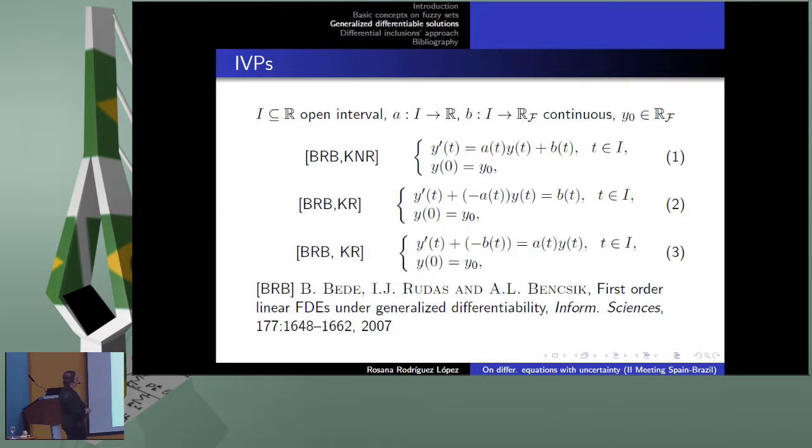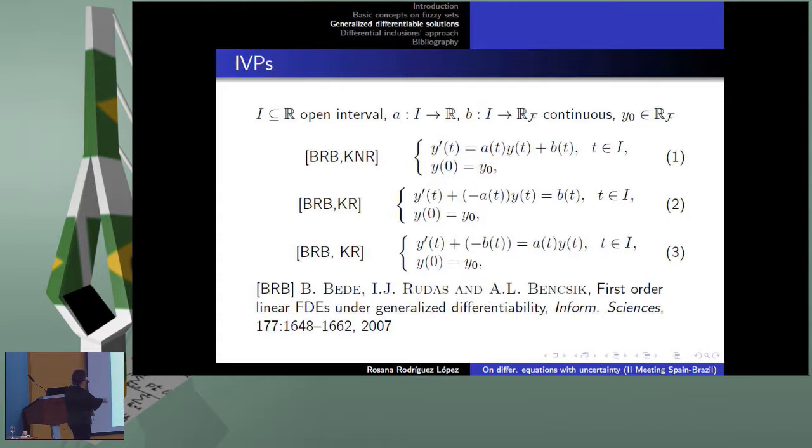Another drawback of studying these equations from the notion of some generalized differentiability is that in the classical case, of course, these three problems that are written here are completely equivalent because the terms pass from one side to the other without problem. As we have mentioned, this is not possible anymore in the fuzzy case.